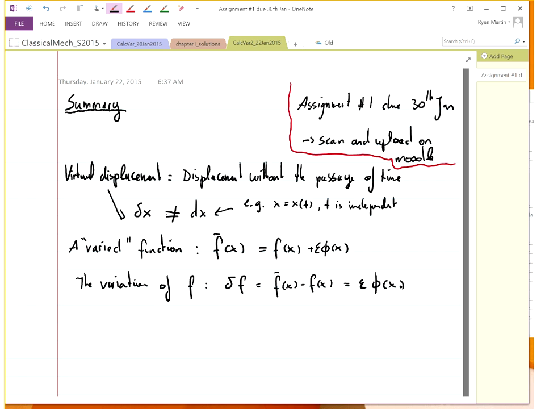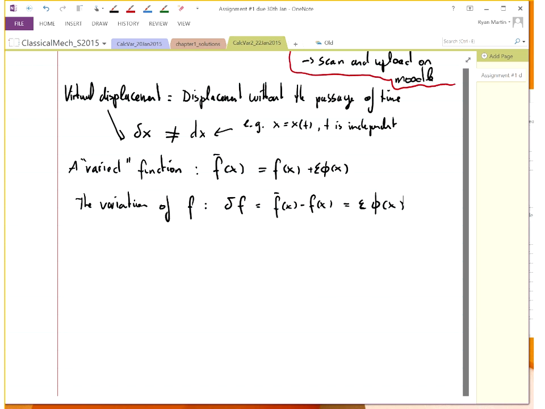Well, then we saw several properties of this delta operator, and we found that it commuted with differentiation as well as with integration, and so those are properties that we'll use later. And then one property that I'll rewrite down again is the chain rule, which we'll use a lot. In fact, the assignment is mainly the application of the chain rule.